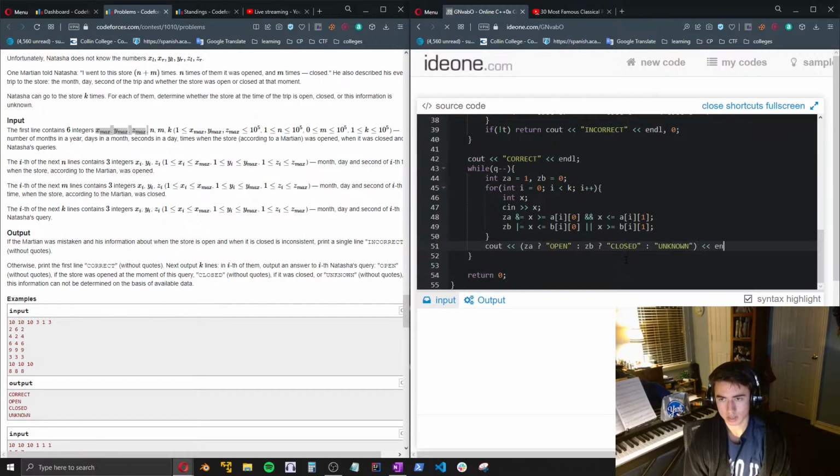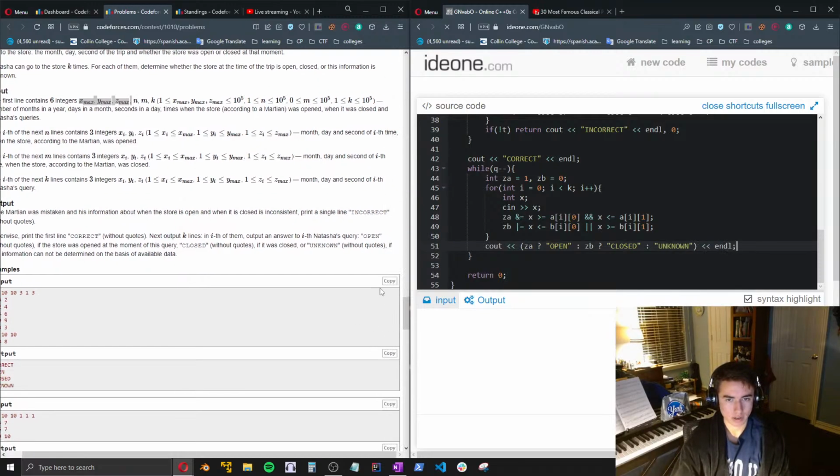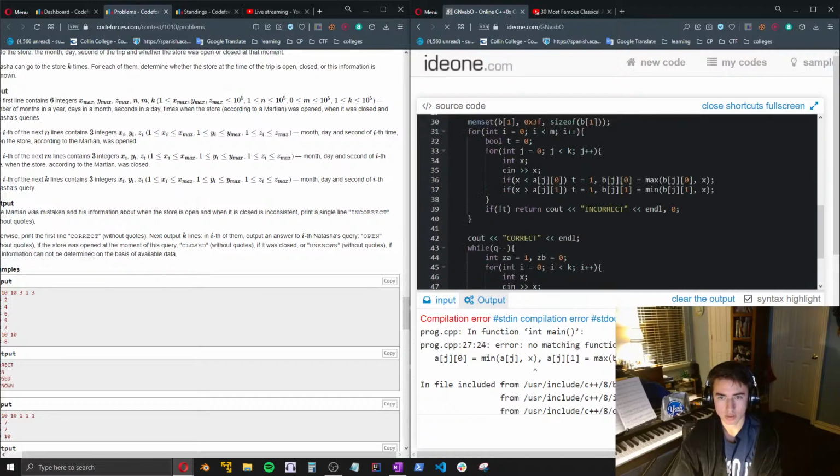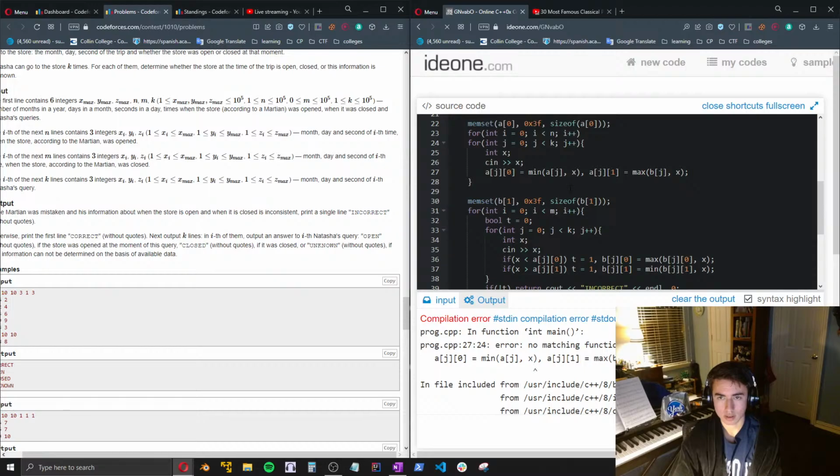Did we do this alright? Let's find out. So we're seeing if it's outside of this box, if one of the coordinates is outside this box, then it's closed. If all of the coordinates are inside this box, it's open. Otherwise, we can't be sure. A of J, where did I do that? J0.